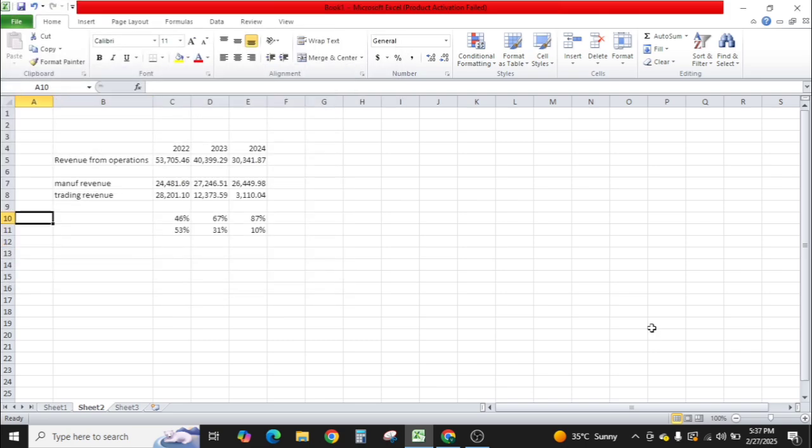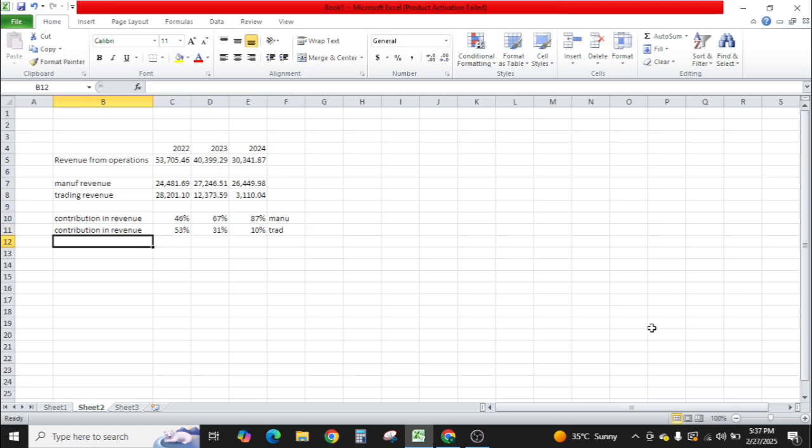So these are the manufacturing revenue and trading revenue, and this is the contribution in revenue, manufacturing, and this is trading.